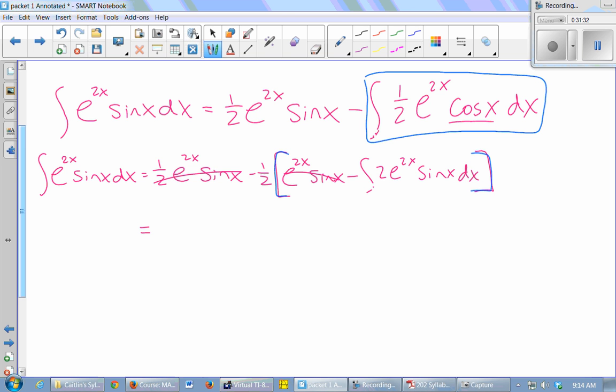My negative and my negative are going to cancel, and I'm just going to end up with, oh no, e to the 2x sine x dx equals, well, obviously, it equals itself.